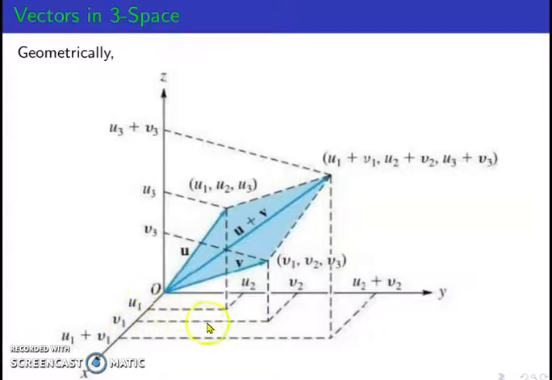This is V1, this is V2, and this is V3. For the sum of the two vectors, corresponding components must be added. So U1 plus V1, U2 plus V2, U3 plus V3. Kaya yung sum niya is this one.